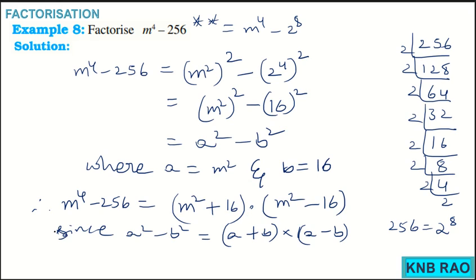So, now you tell me, children, can I stop the factorization here? Is there a requirement of continuing further? Yes, there is a requirement to continue. What can I continue here? Now watch here, this m square minus 16 can be factorized further. How can it be factorized? Let me explain by taking a new page.